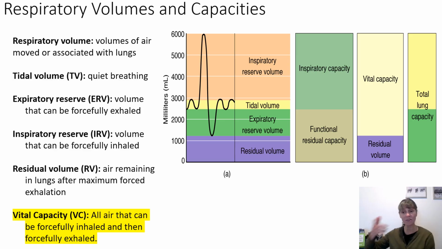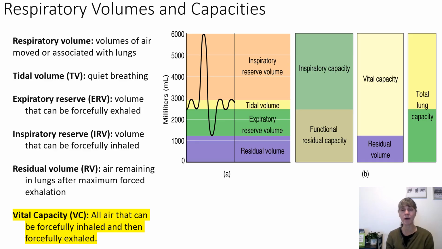However, even as I exhale all that I can forcefully get out, there's still going to be a little left over in my lungs. And that's what we refer to as residual volume. It's the air remaining in the lungs after maximum forced exhalation.